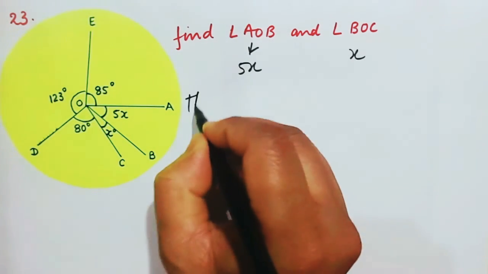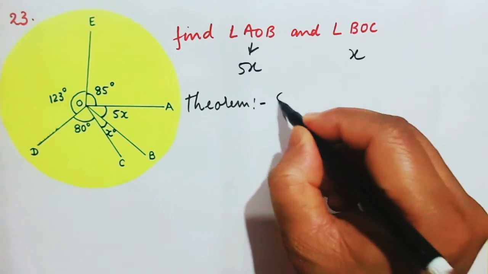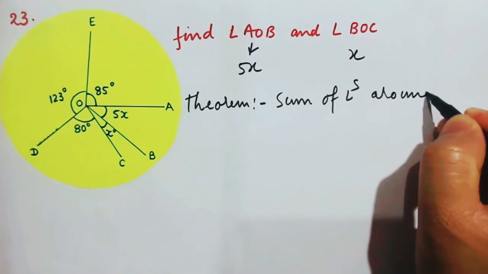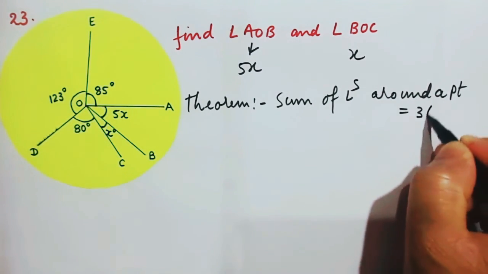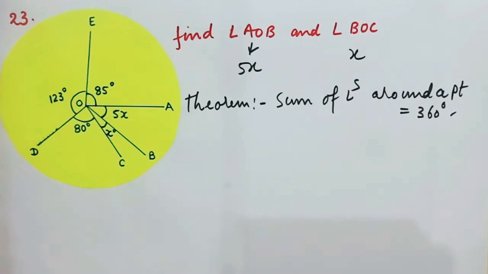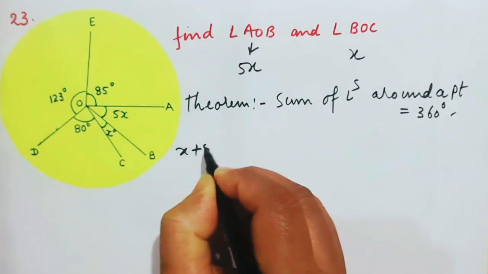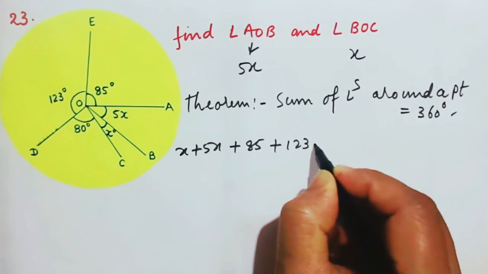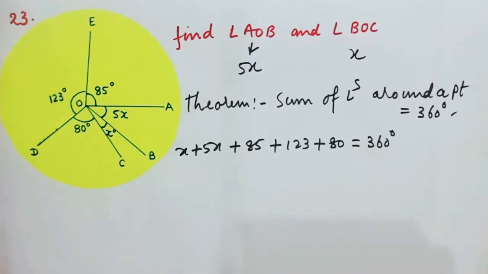Therefore, what theorem are we going to use? That the sum of angles around a point is equal to 360 degree. So let us add x plus 5x plus 85 plus 123 plus 80 is equal to 360 degree.